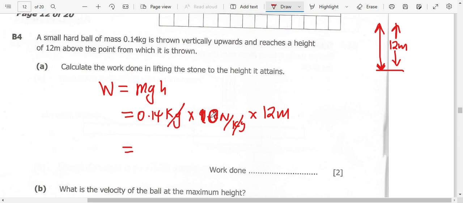But 9.8 is more accurate. Then multiply by 12. So this is going to give you 16.8 joules. Energy is given in joules. Is this okay?